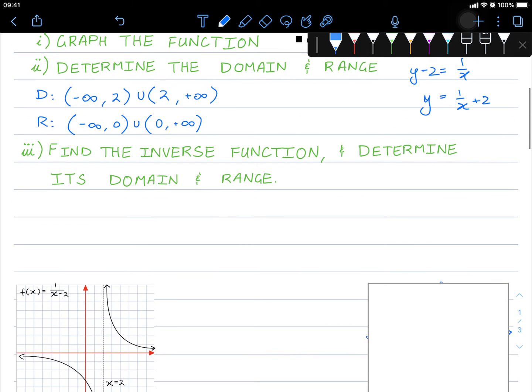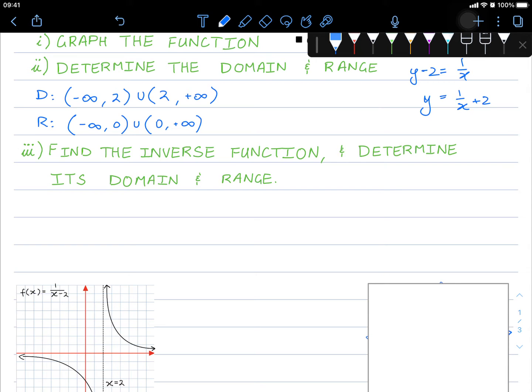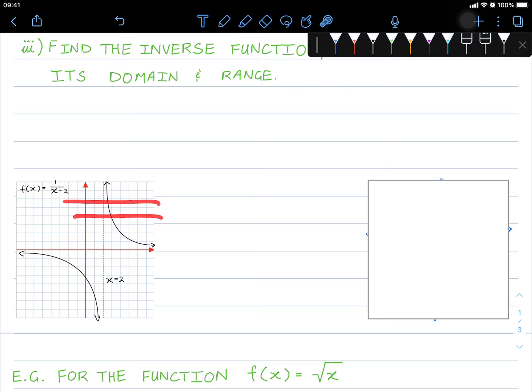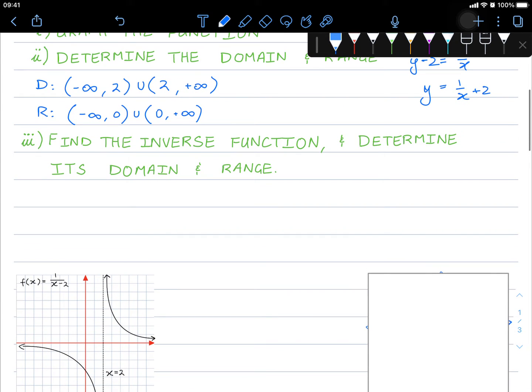Now, without even having looked at the graph of this function, I can let you know that first of all, since this is a one-to-one function, it's passing the horizontal line test no matter where we cut it. We can already tell that the domain of its inverse is going to be what the range once was.